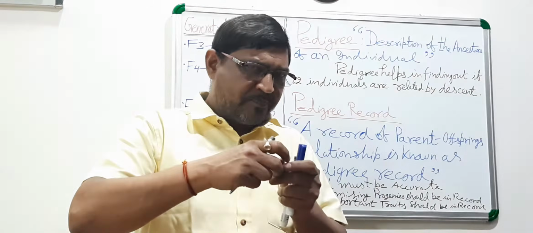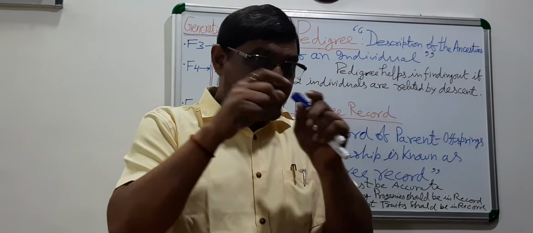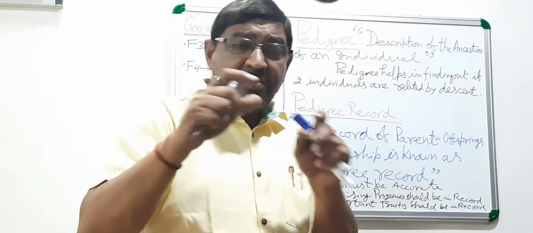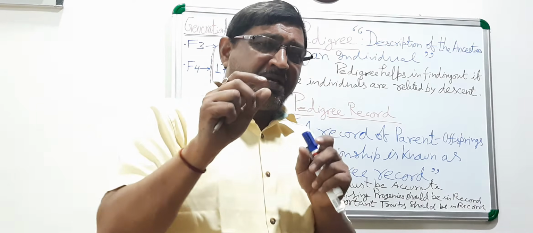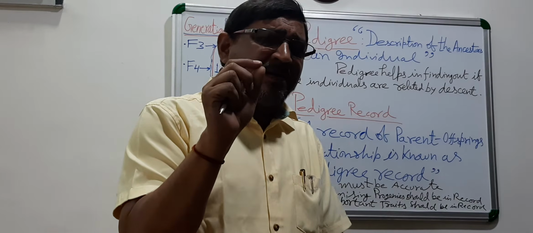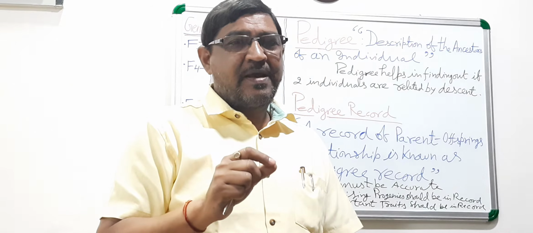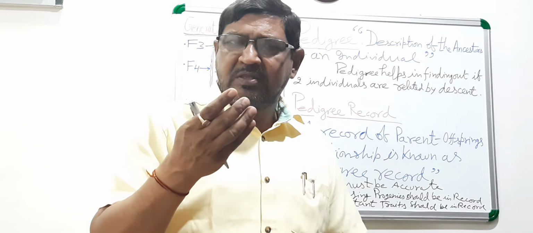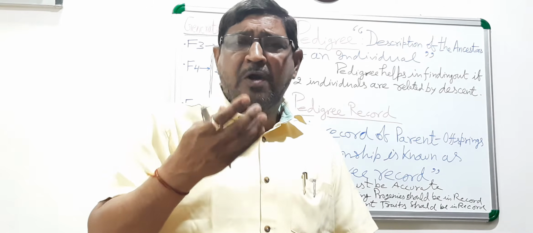So while putting the pedigree, you mention the number. I will be explaining how you are doing that. While maintaining the record, you must mention the desirable traits only, a few traits, and of course the traits must be very, very prominent.